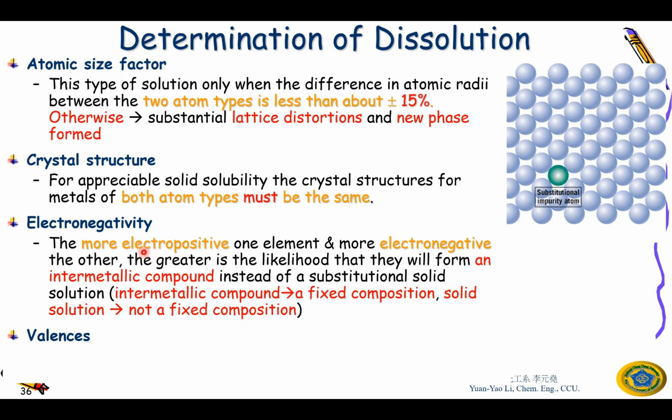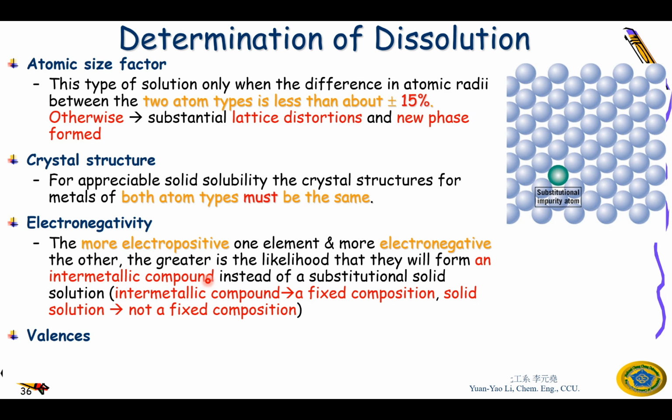So you don't want to choose one which is very electropositive and one which is very electronegative. Otherwise, if we put these two together, you will make what we call an intermetallic compound. An intermetallic compound is different from a solid solution.